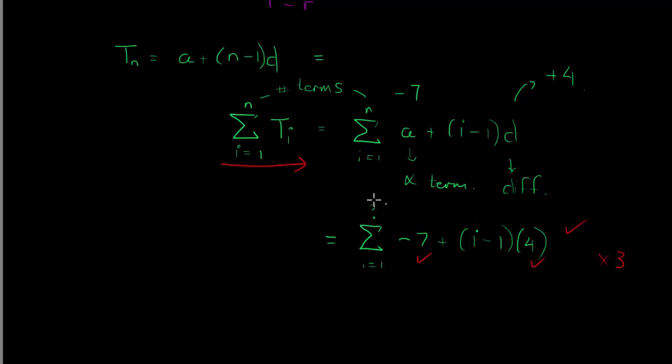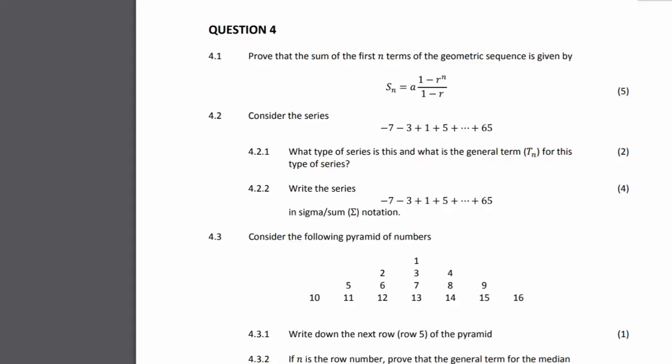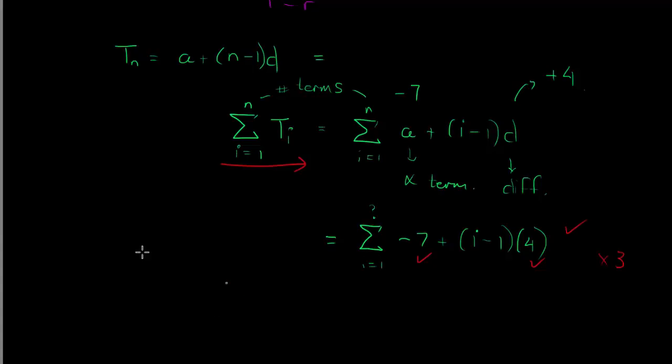The only challenging part was finding out how many terms there are. We could do so by saying we have to go up to 65. At what point am I at 65 if I use this? Negative 7 plus (i minus 1) times 4.